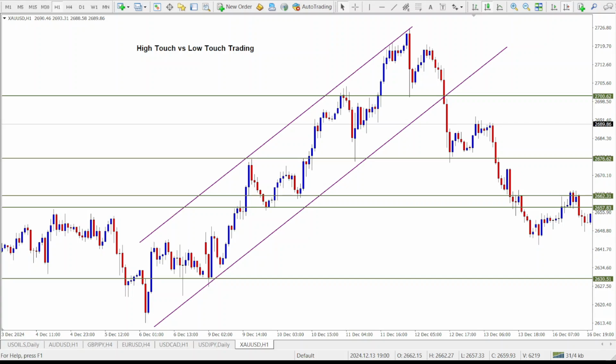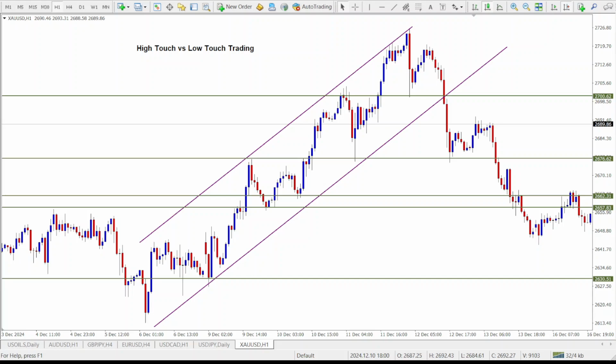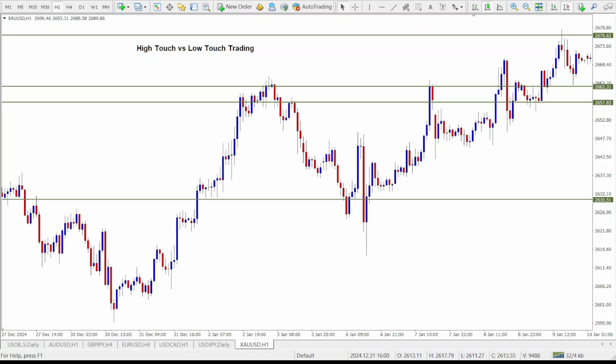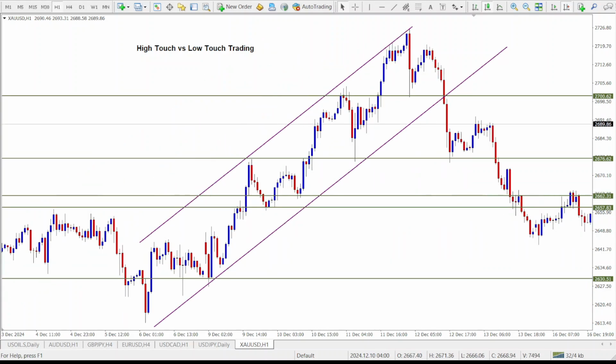Okay, now, secondly, another advantage of high touch trading is customization. High touch trading lets you adapt quickly to market changes. For example, when you are doing your analysis yourself, let's say you're analyzing gold, XAUUSD, and there was a regular pattern in the market, and based on historical performances, there is a way that you have been expecting the price to react.